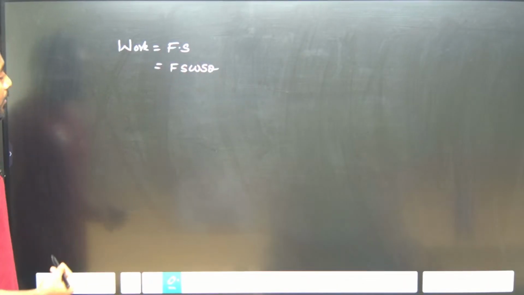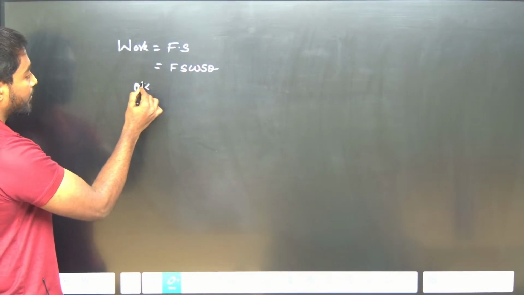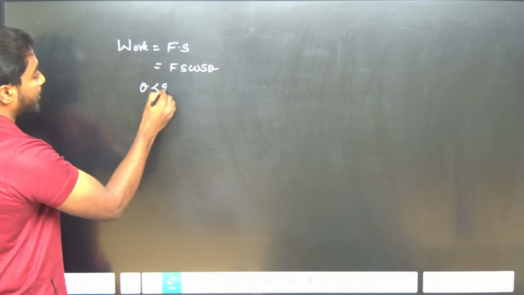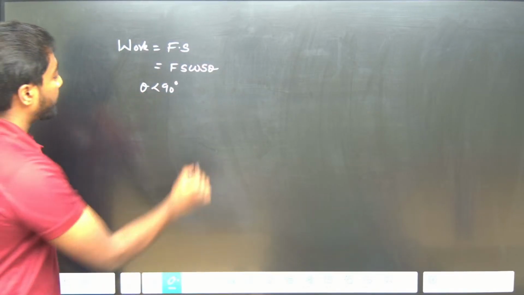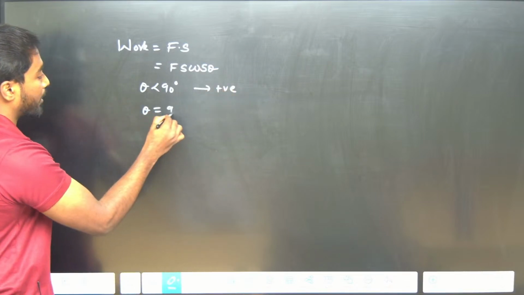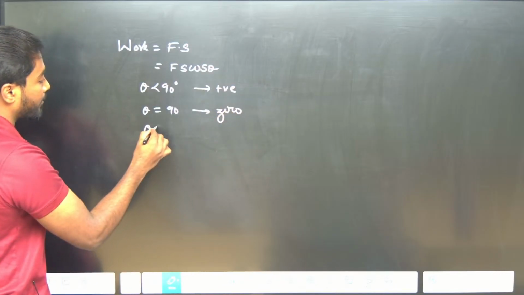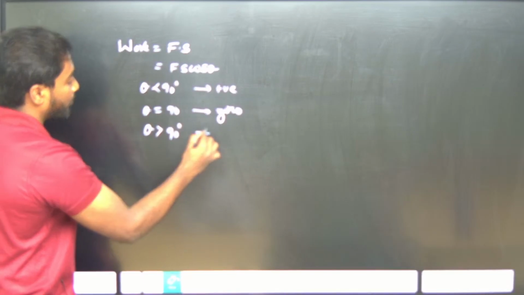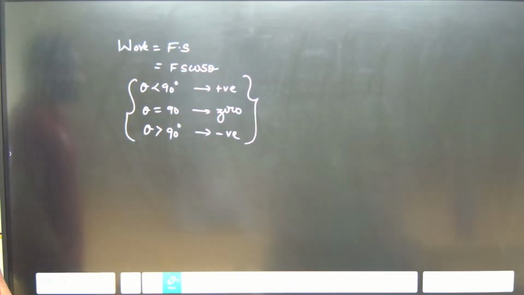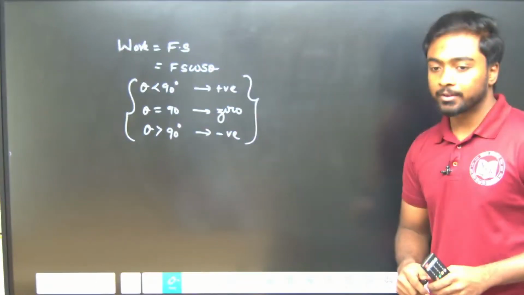There are three conditions: if theta is less than 90, the work is positive. If theta is equal to 90, the work will be 0, and if theta is greater than 90, the work will be negative. These are the three conditions when I can say the work is positive, negative or 0.